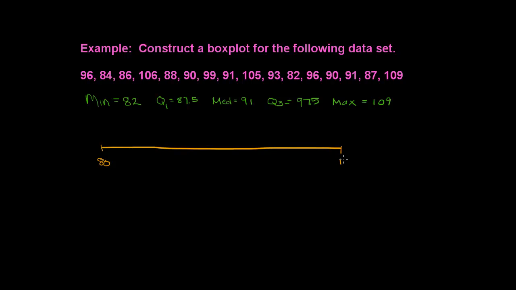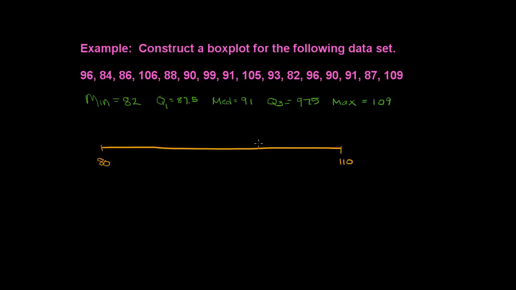That's just a choice, but I definitely need to go at least somewhere beyond 109 and below 82. But there's no real reason to go down to 50 and have all this unused space in my drawing. I can't draw a perfect ruler, but I can make this pretty close to being relative so that my box is relatively the right size and everything falls into place.